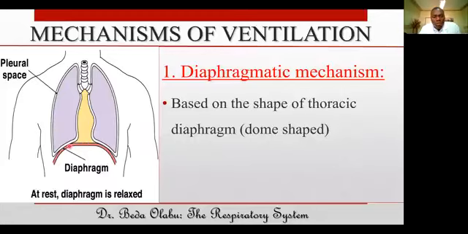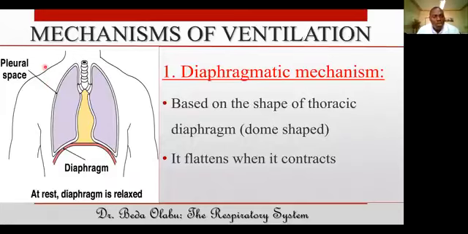Now, when a dome-shaped muscle like this one contracts, it will flatten. And if it flattens, we increase one of the dimensions. I'm going to tell you the dimension, but before I tell you, I want you to think through it. Which dimension do you think the diaphragm increases when it flattens?